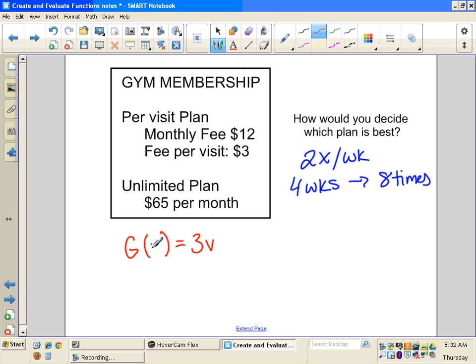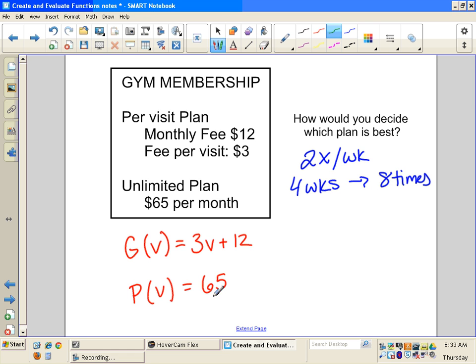We want to make this a V because the variables in here need to match in here. So $3 per visit plus $12 per month. Or the unlimited plan will make P is just $65 per month. Just going to be 65 no matter what.